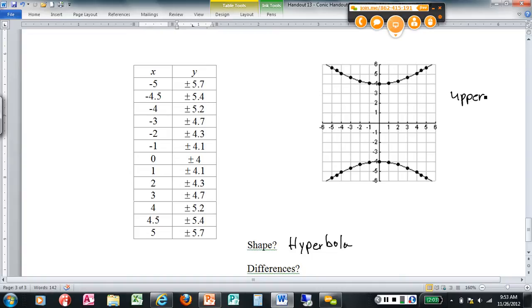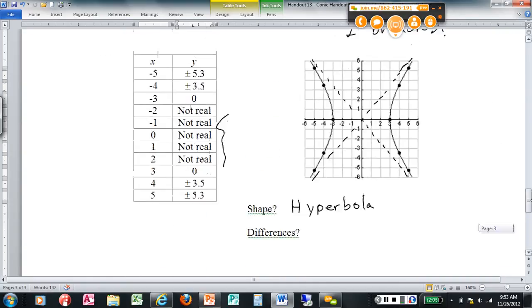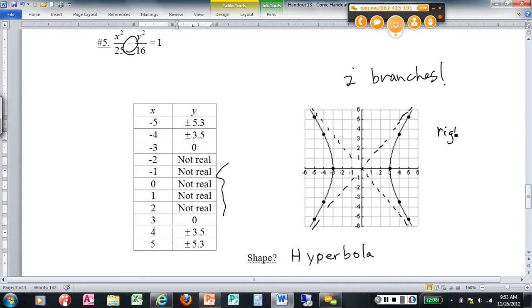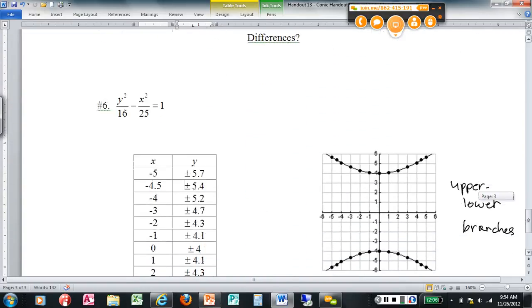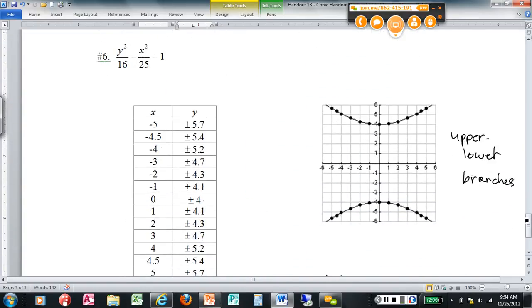This is an upper and lower branched hyperbola, whereas this one has right and left branches. The top one. So you can have that variety as well. You can have right and left branch ones, and you can have upper and lower branch hyperbolas. Now, again, you see you've got the minus between it.